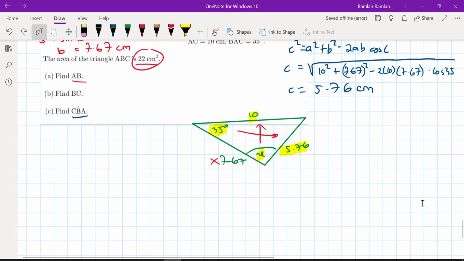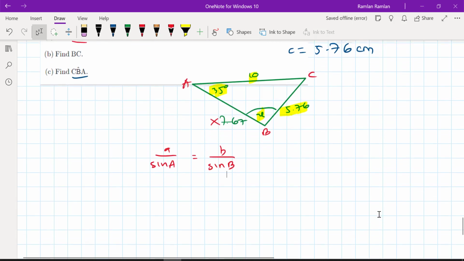For this one I'm going to use the same thing. Let's say A, B and C over here. Oh no, B is over here, and C is over here. So we're going to use a and b. That'll be a over sine A equals b over sine B, and then just substitute all the values.